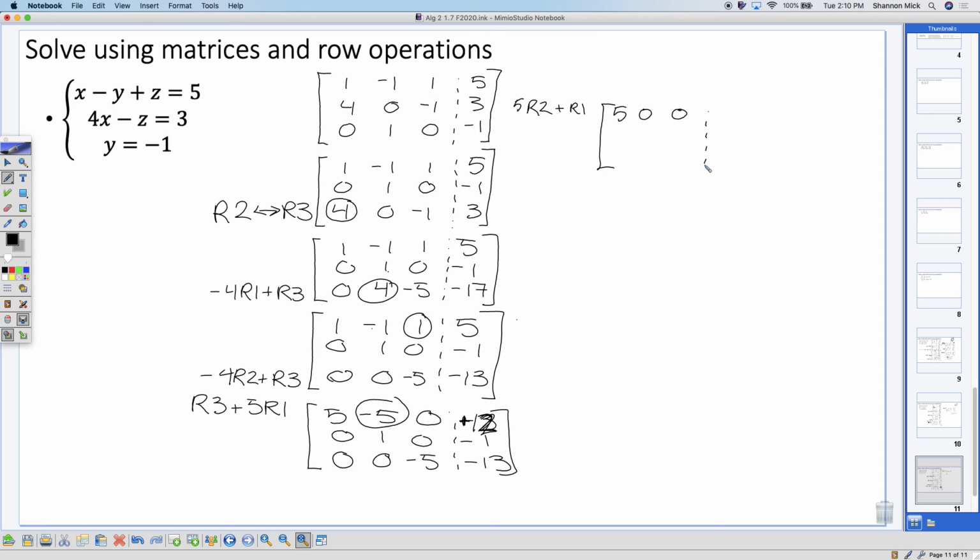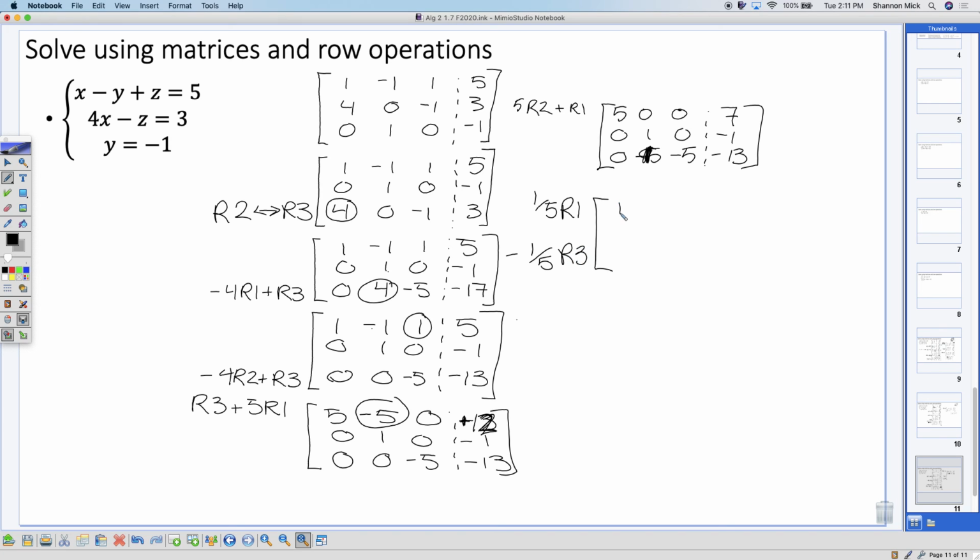So that would give me 5, 0, 0. And then 5 would be negative, so 7. Oops, that's a 1. And then what's my last step? We gotta make the -5 that's in the z spot a 1, and we have to make the 5 that's in the x spot a 1. So 1/5 R1 and negative 1/5 R3.